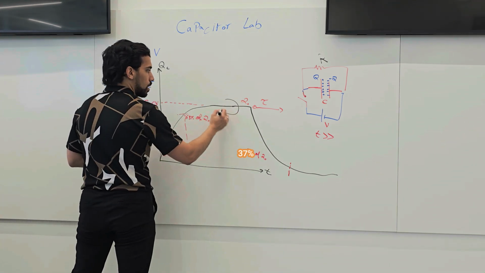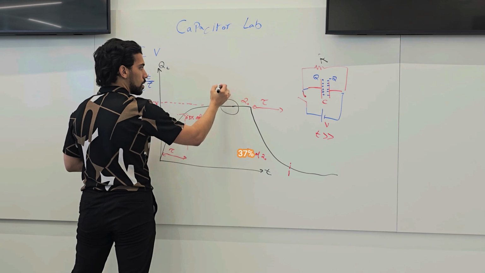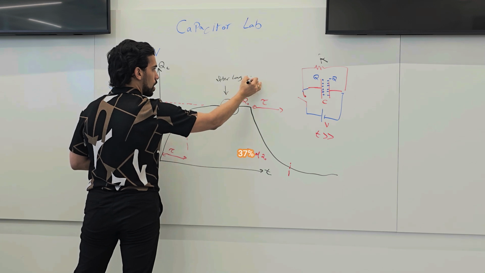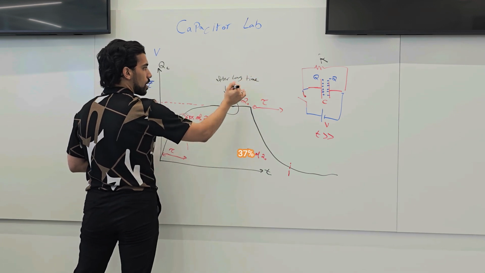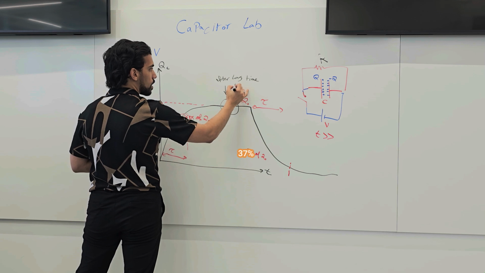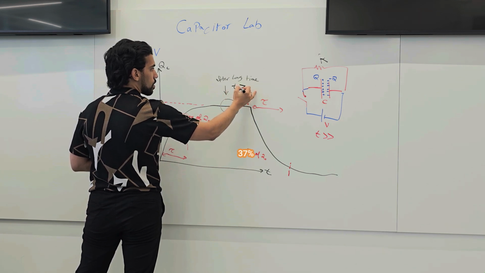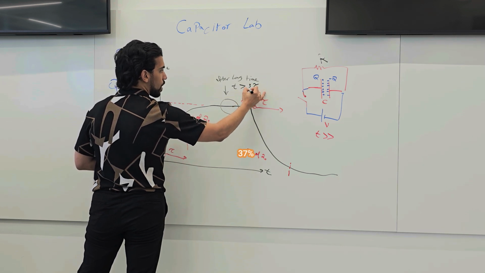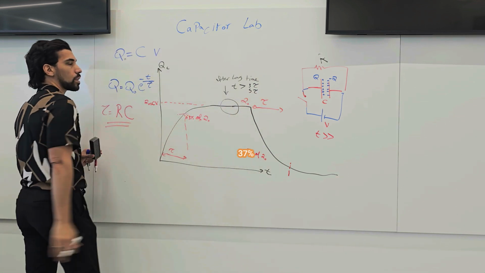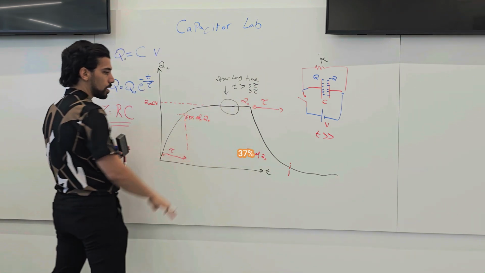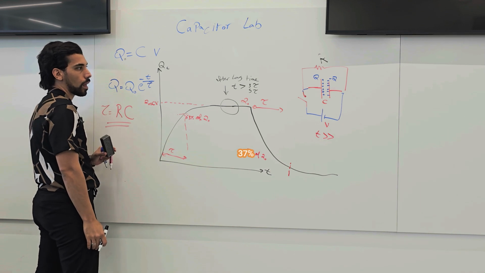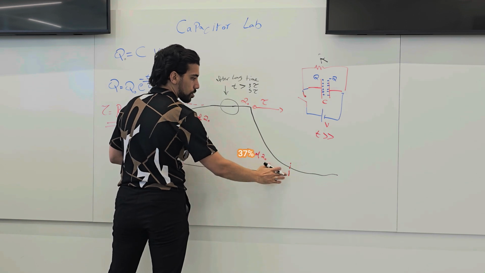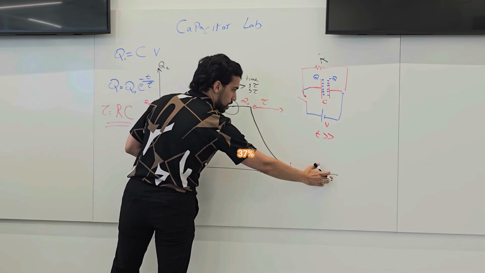So this is during DC. After a long time, it's approximately, let's say, more than 3 tau or 5 tau. At this point, we're reaching the saturation, the full charge is here. Then also when the capacitor is discharging, after a long time it is going to have a zero charge.